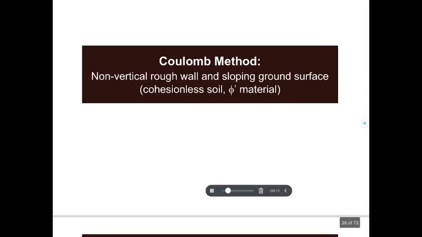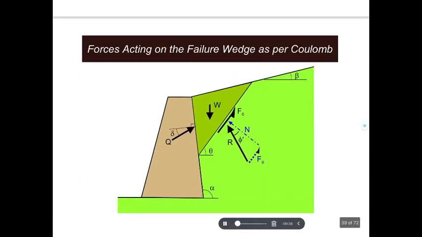We'll see how the Coulomb method is applied to a non-vertical rough wall and a sloping ground surface. The material used here is still the same, a cohesionless soil with phi prime parameter. For this problem, we have additional parameters such as the slope backfill angle, beta.